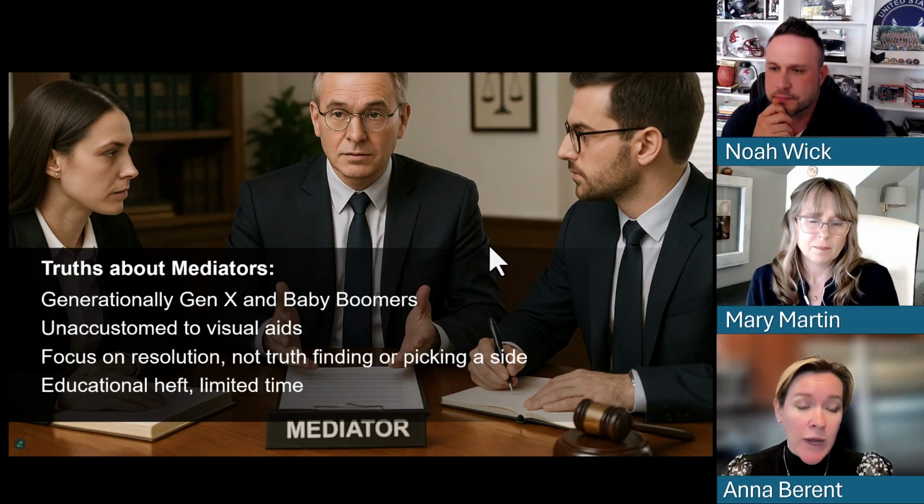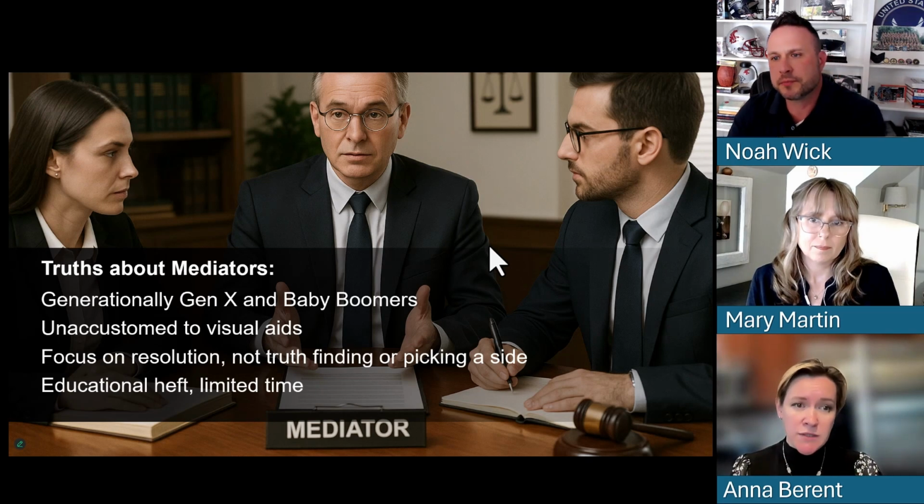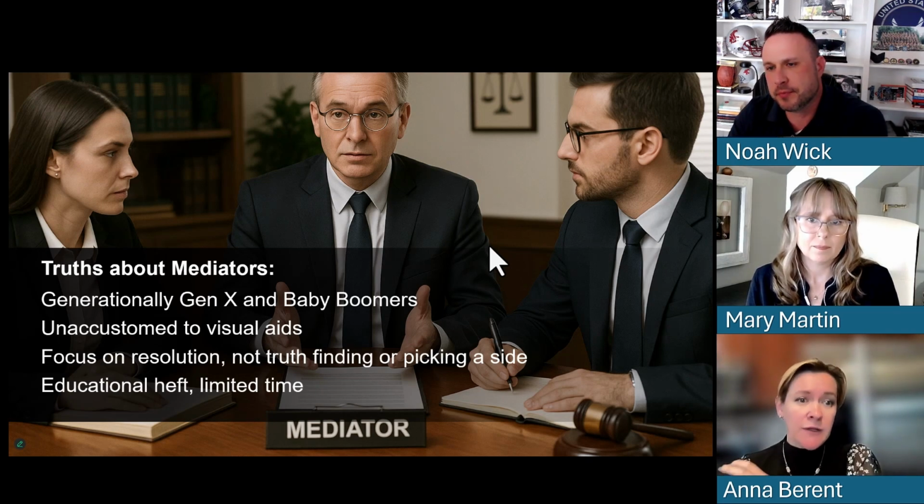So it's with the idea that now that you've educated your mediator during a pre-call or an opening statement, that PowerPoint and those data points, visuals, etc., are now going to go back to the plaintiff and the plaintiff's room, where they're going to be thinking about and marinating in the information that's provided to them.